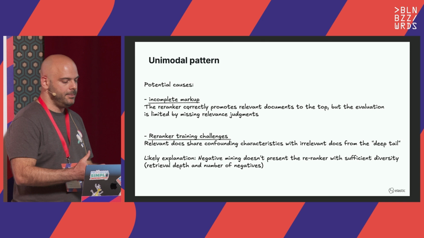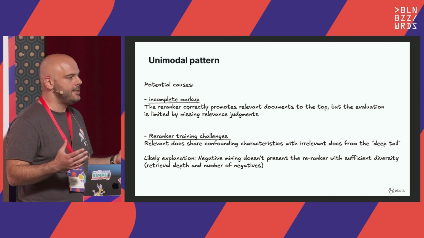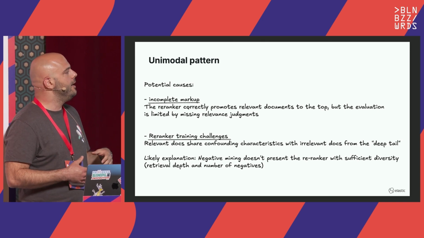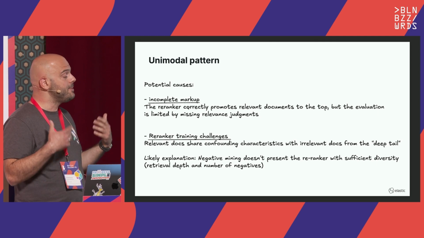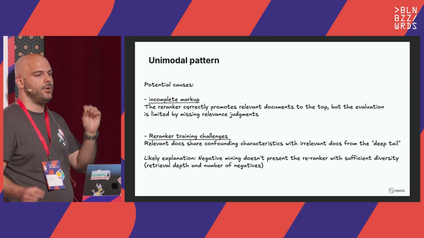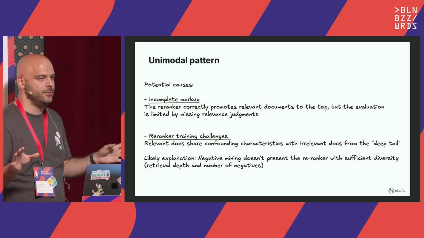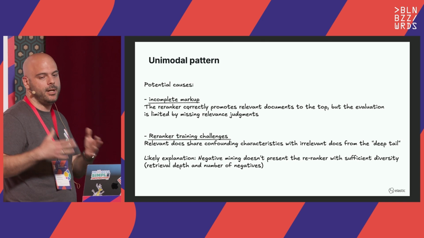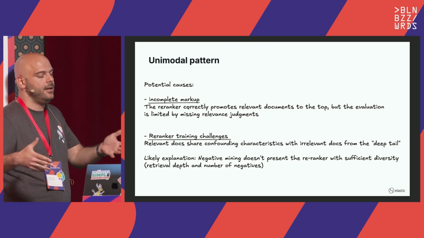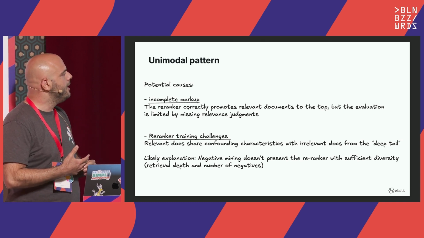And just to explain it a little bit, we know that certain datasets, like MS Marco and BEIR, have very sparse relevance judgments. So usually for a query, we have a positive document and that's it. We don't have any other positive documents. We don't have information about negative documents, actually relevant to the queries.